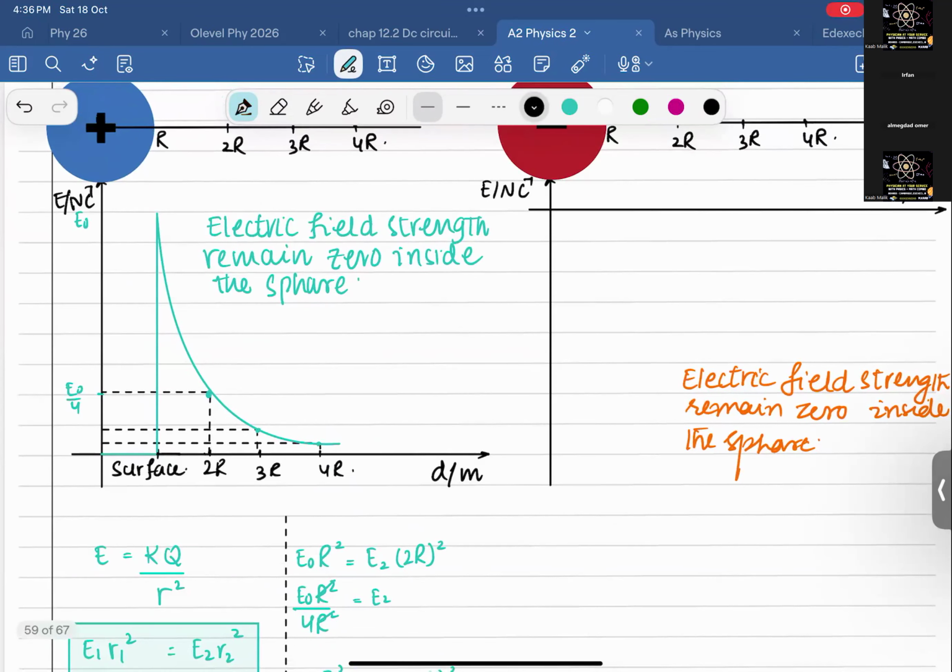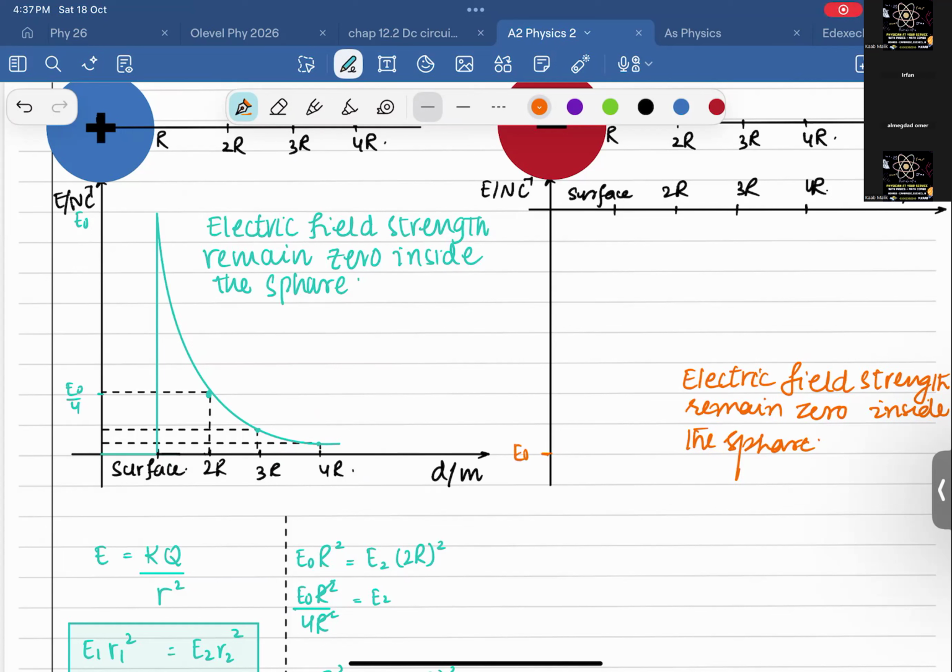So let's imagine that I have this surface. The surface will always be at r, and this is, let's say, 2r, this is 3r, and this is 4r. These are some of the distances we have, right? And assuming that we have the field strength 1, 2, 3, 4, 5, 6, 7, 8, okay, right here.